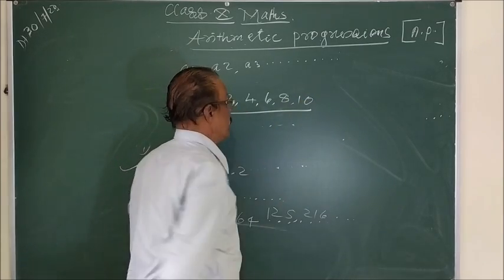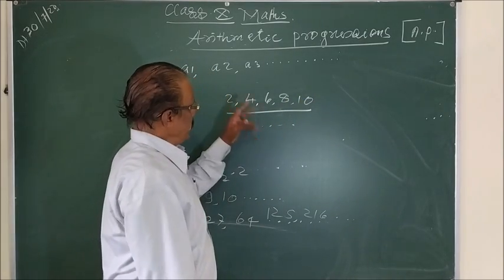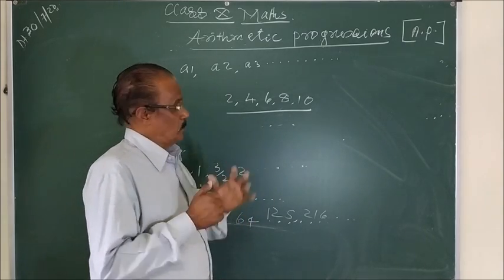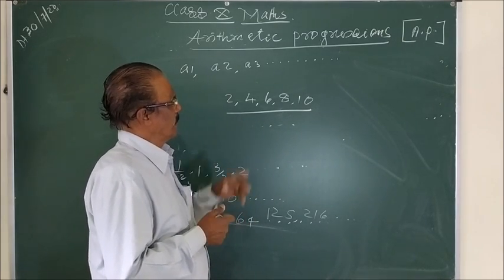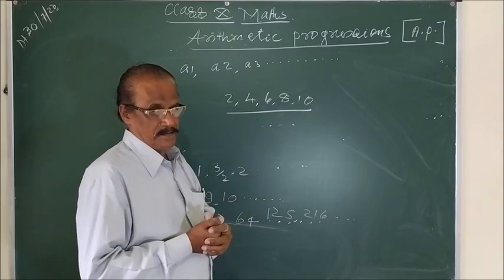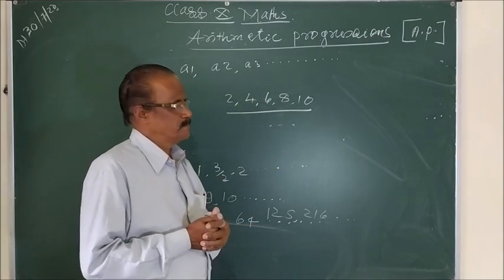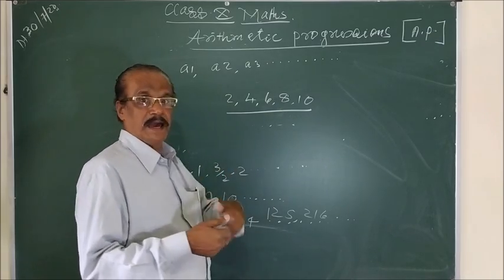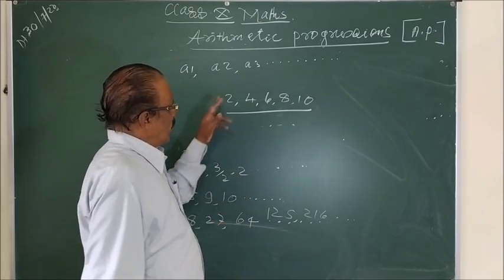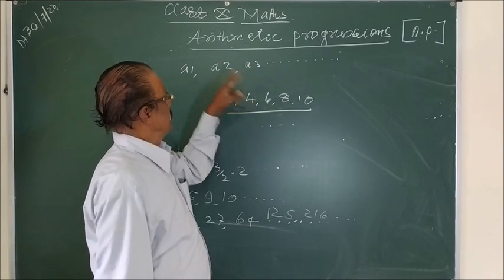So this is finite AP. Finite means the last number we are in position to find out, and here we don't know. But we can find. We will learn in the exercise how will you find the 10th term, 20th term, nth term. Now finite and infinite.